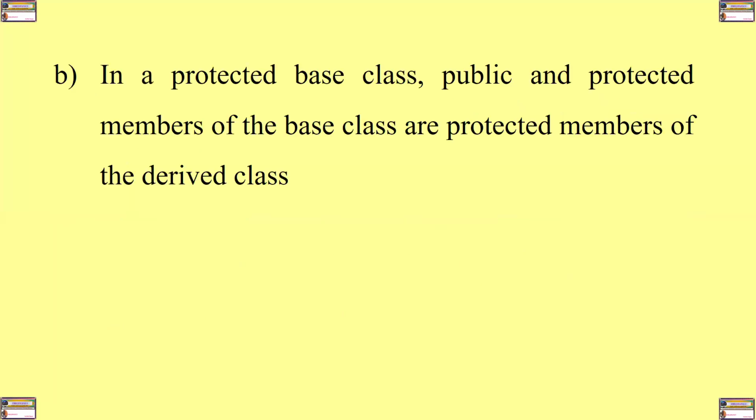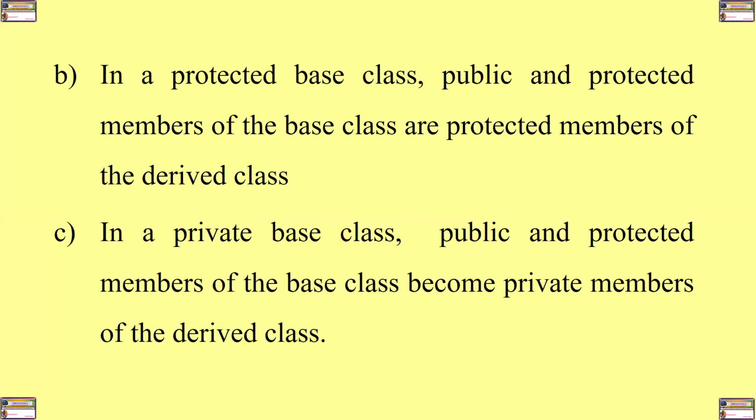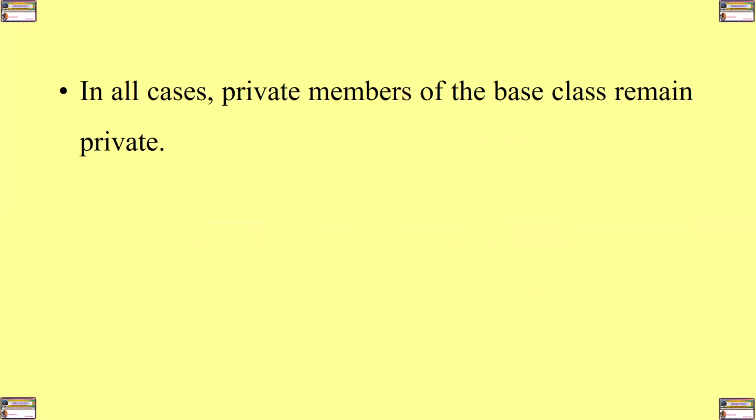Number two, in a protected base class, public and protected members of the base class are protected members of the derived class. Number three, in a private base class, public and protected members of the base class become private members of the derived class. In all cases, the private members of the base class remain private.